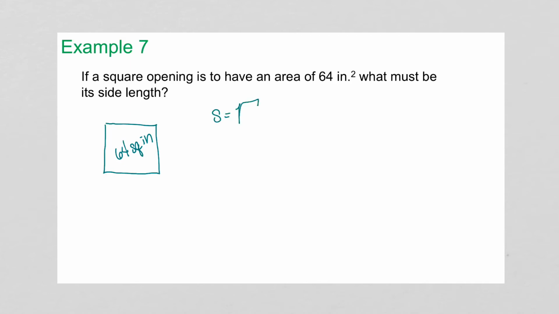So the side will be the square root of the area, or the square root of 64 square inches. The square root of 64 is 8, or negative 8, but obviously a side's not going to be negative, so we just go with the positive. And the square root of square inches is just inches.